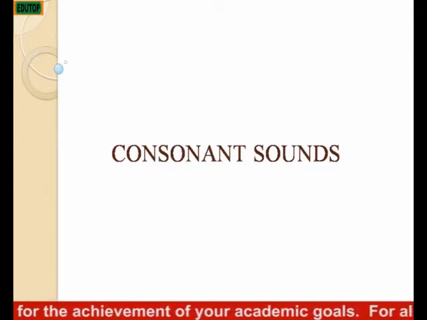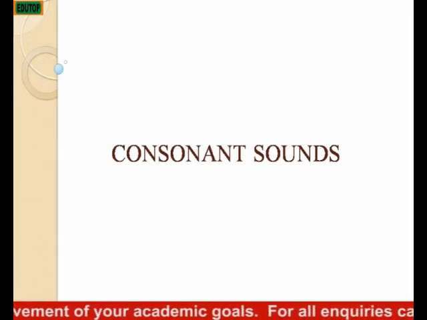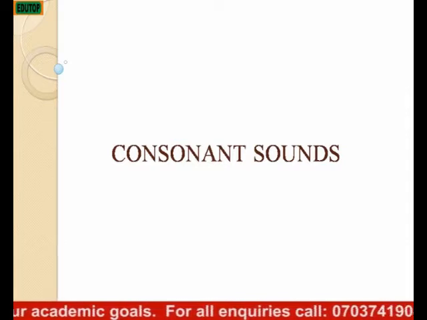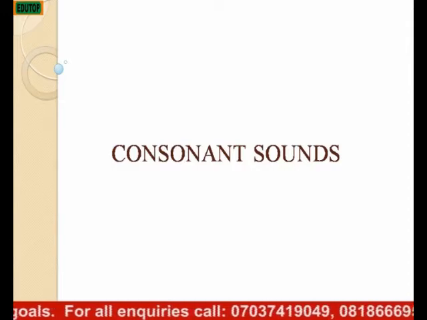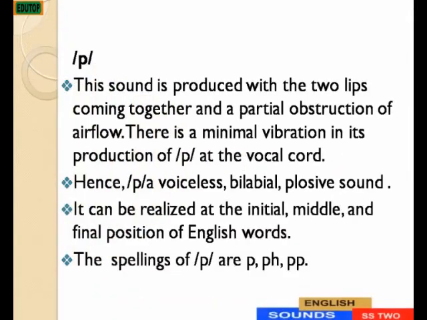Now we are going to pick the consonant sounds one after the other, and we are going to describe them with the necessary examples. Description of consonant sounds. The first one we'll be talking about is the sound p. P is produced with the two lips coming together and a partial obstruction of air flow.